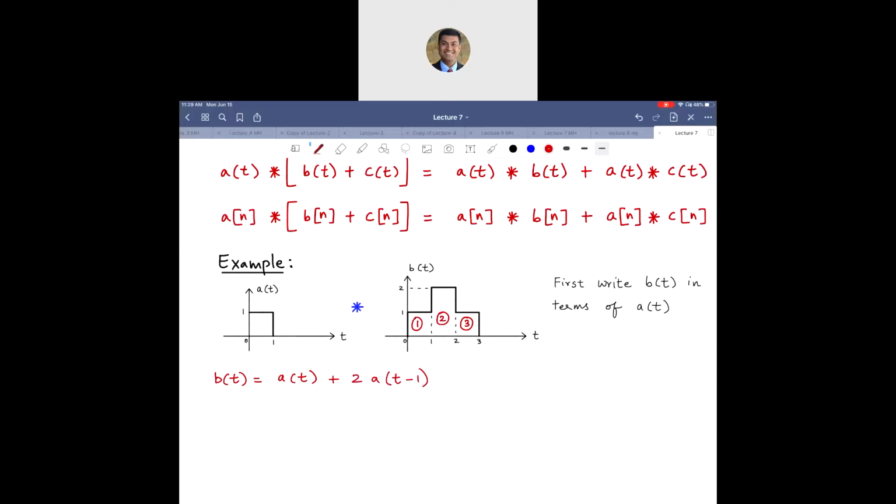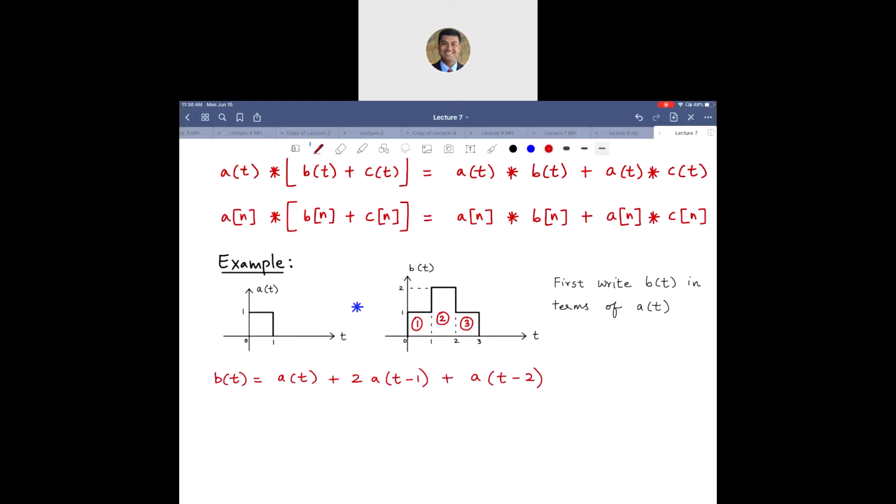And for the third piece, the amplitude stays the same, but I need to shift by 2. So using the time shifting property, essentially, I have written out B of t in terms of A of t. You will see the reason why in just a bit.